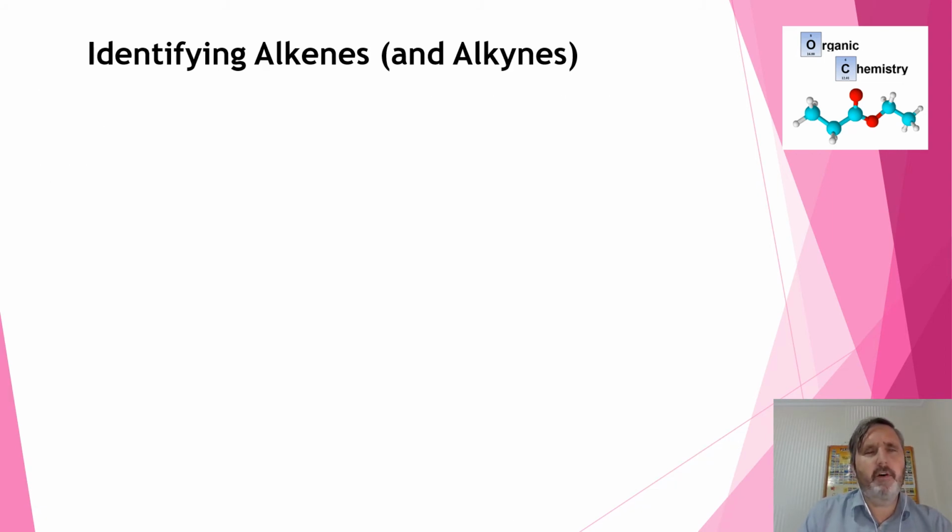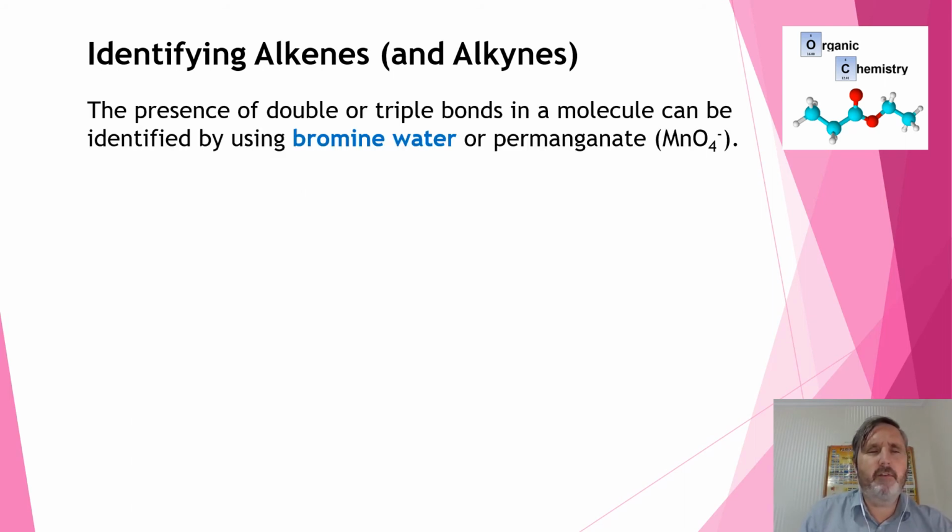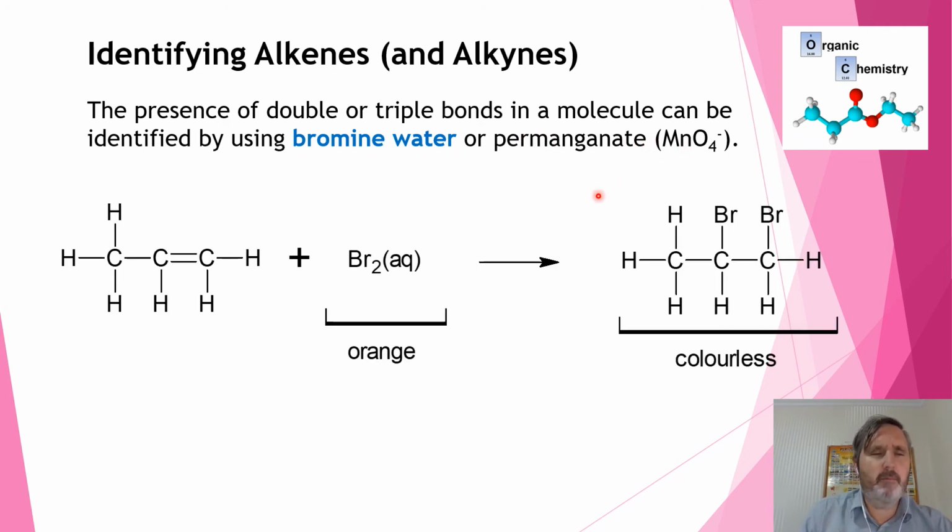So we can identify alkenes and alkynes. Alkynes are molecules that have triple bonds. And we can identify them by adding something called bromine water or something called permanganate. Bromine water relies on the ability of alkenes or alkynes, we could have one with a triple bond here, being able to have these halogens add to them.